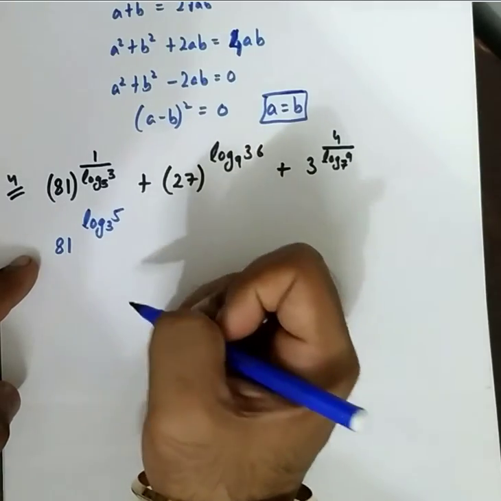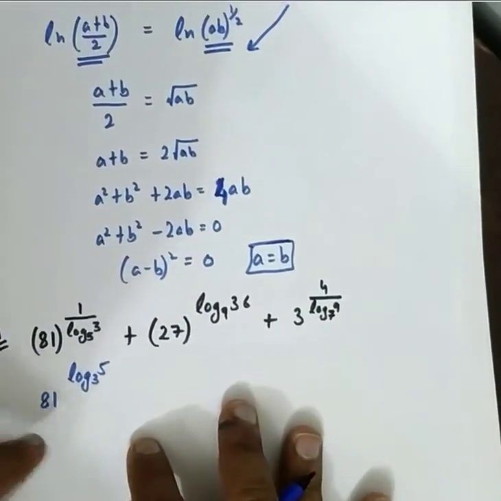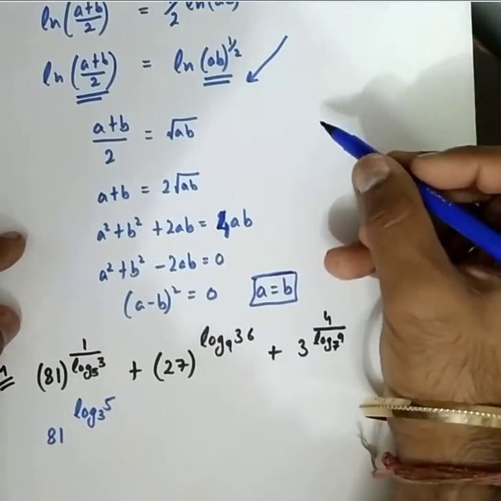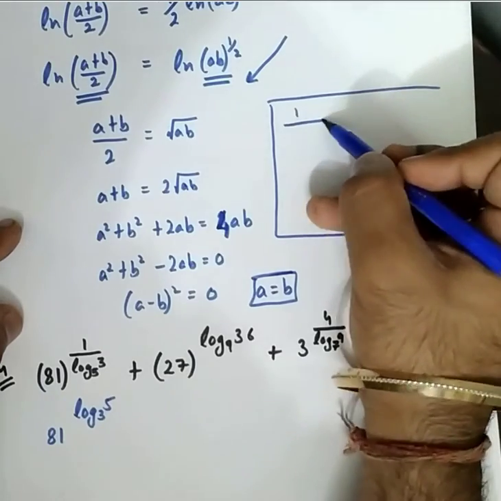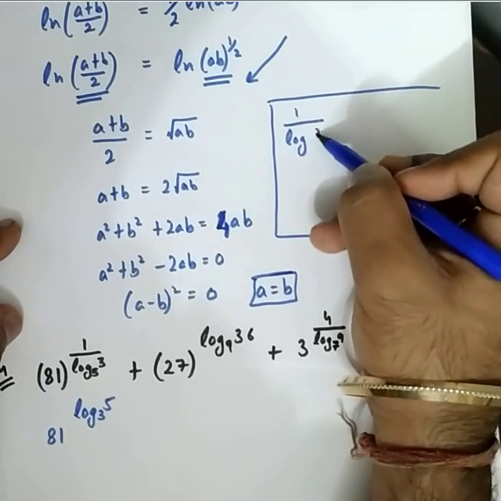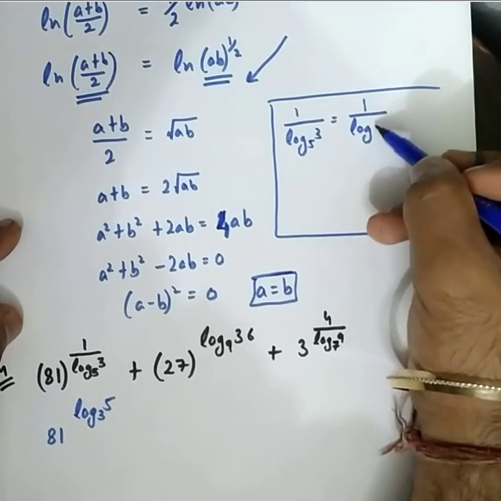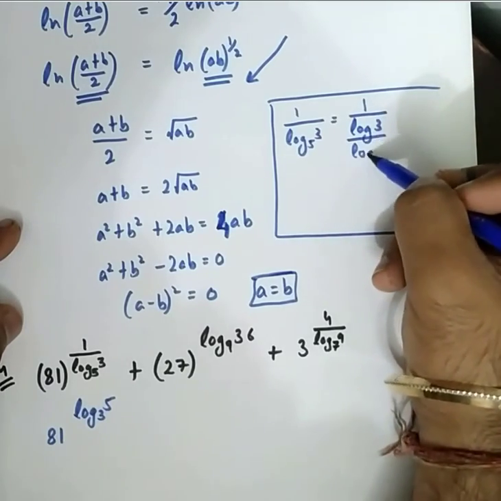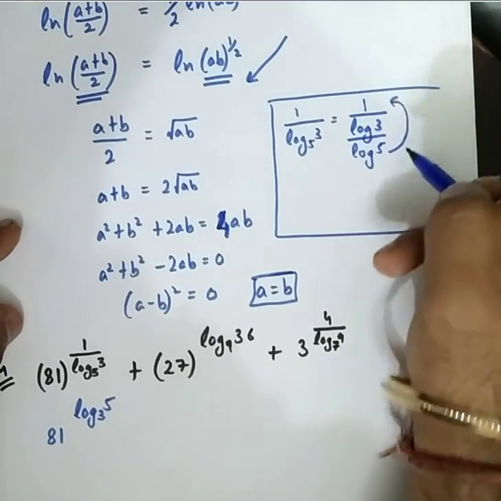Quite simple. If you understood this, fine. If not, let's check what actually happened. So I'm doing it over here, right? Try to understand what actually happened. So if I say 1 upon log 3 base 5, I can write it down as 1 upon log 3 upon log 5 using base change theorem. Now this goes in the numerator.